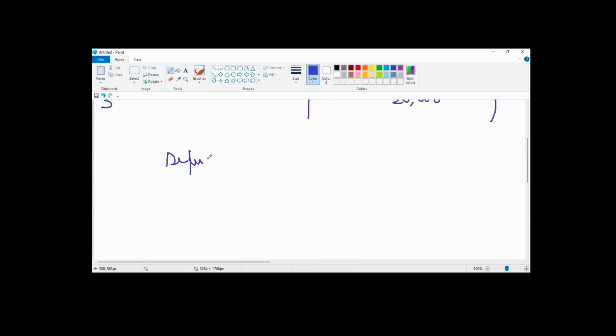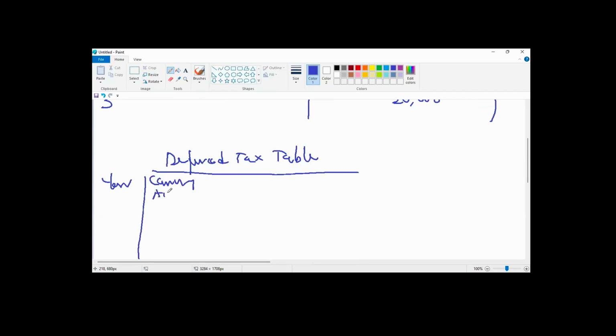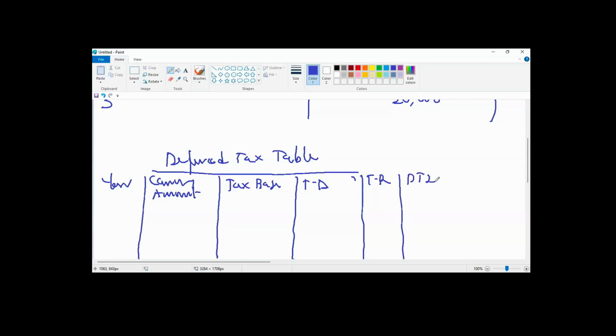I can do my deferred tax table to get what I need by saying year, carrying amount, tax base, temporary difference. You have the tax rate. You say deferred tax liability or deferred tax asset. Good. This is what I will do.